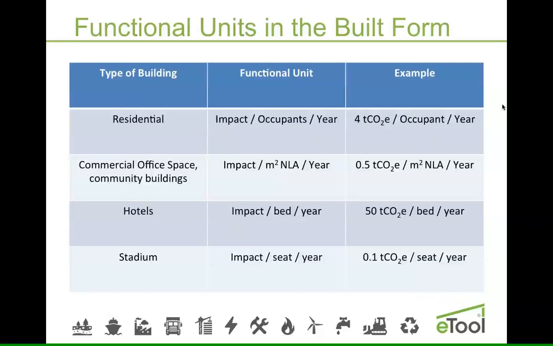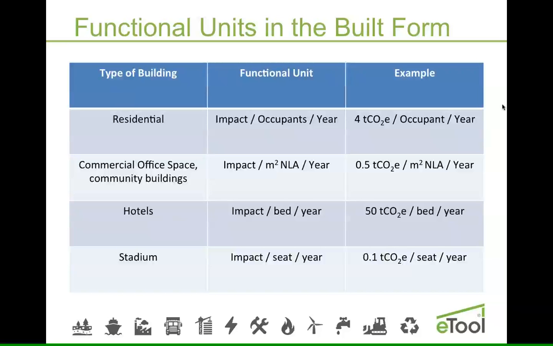So different functional units for different building types. As an example here, we have a residential building that is assessed by impact, so tons of carbon per occupant per year. If it's a commercial building, we'll look at the kilograms of carbon or tons of carbon equivalent emissions per meter squared of net lettable area.